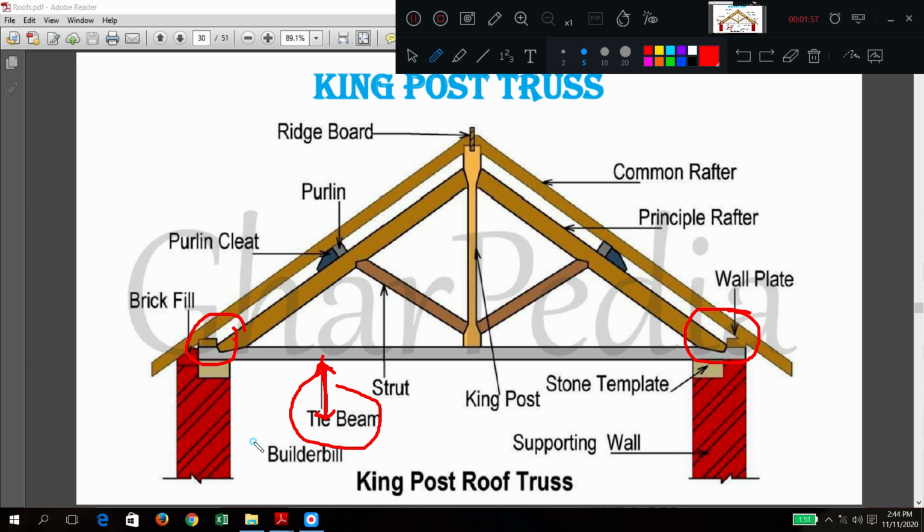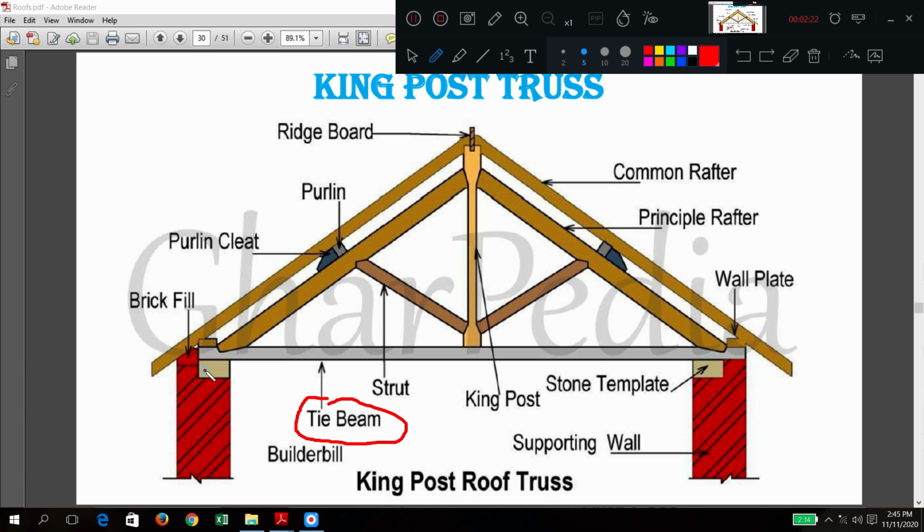The walls will be pushed away and the truss may collapse. If the load is very large and the tie beam is not there, the walls may spread away and collapse. To avoid that, we have the tie beam. Its function is to tie both legs of the truss.